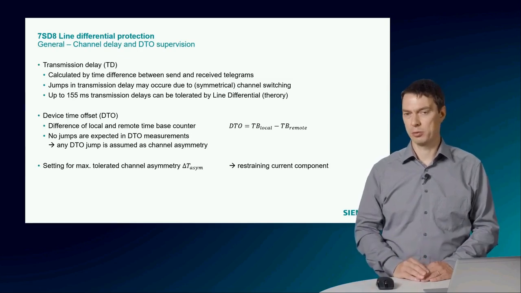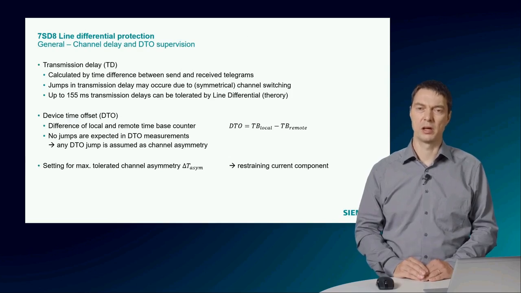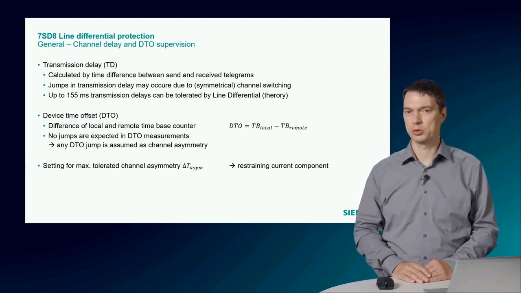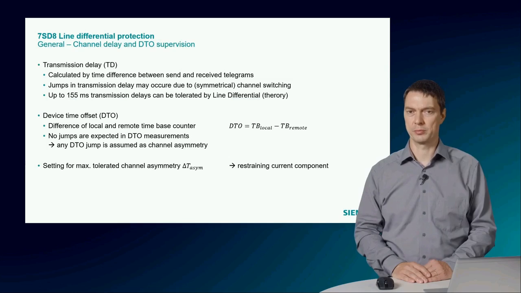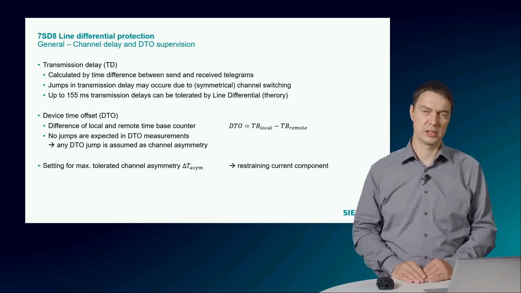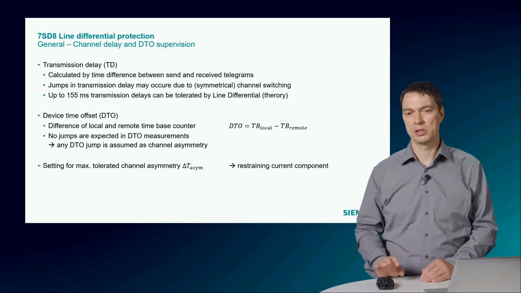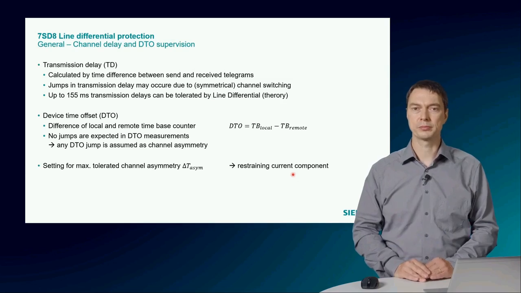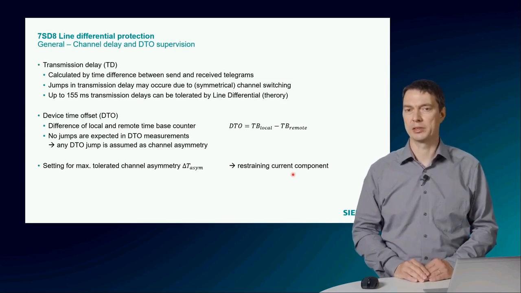If the jump remains longer than 5 seconds, the relay will block until a manual interaction. So it's in lockout condition. This shall prevent a maloperation due to a permanent channel asymmetry. There's a user setting for the maximum tolerated channel asymmetry, which goes into the restraining current component, which I will explain a bit later.